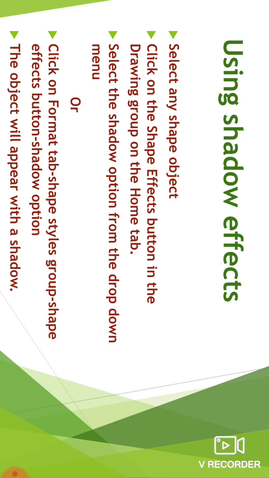Here select any shape, click on the shape effect button in the drawing group on the home tab. Means one option is on the home tab and the second option is under the format tab that I told you in word art. So select the shadow option from the drop down menu or click on the format tab, shape style group, shape effect button, shadow option. The object will appear with a shadow. Means the shadow of the object will be shown on the slide.